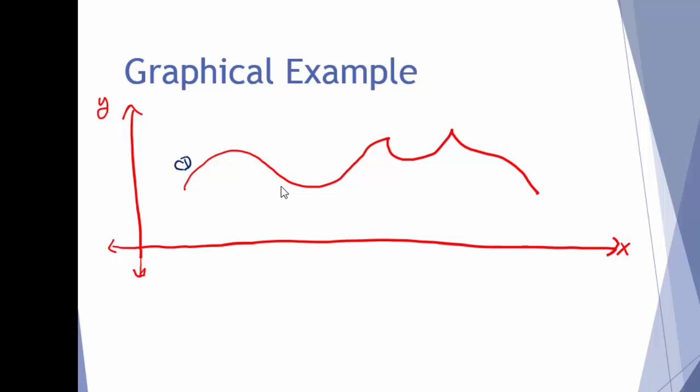Now by the time we get over to this area though, it's definitely switched to concave up. So it changes from concave down to concave up somewhere right about here, give or take. And it switches to concave up. And it stays concave up until right about, let's say, here.